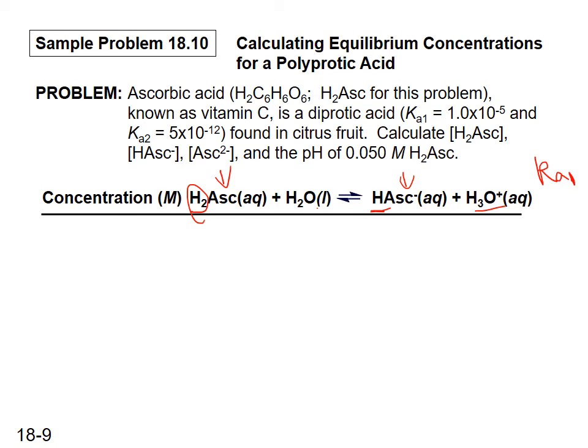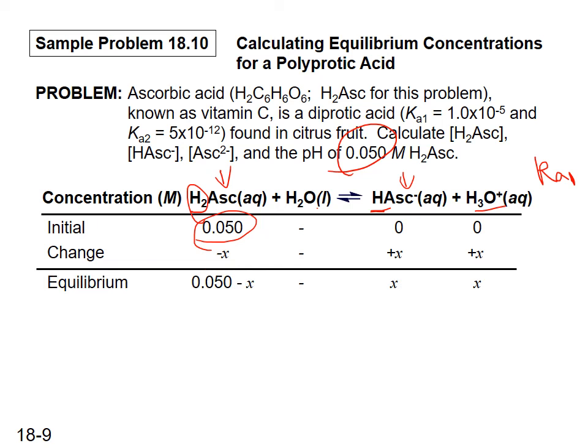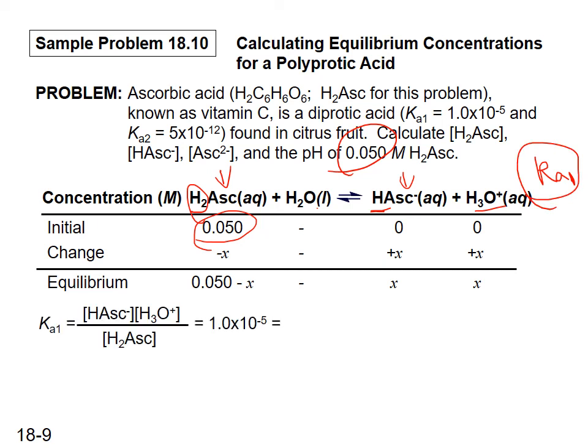As usual, we write initial, which is 0.05 for the acid given, and change and equilibrium. Now to solve x, we use the equation of Ka1. Ka1 is product divided by reactant, and the product is x times x, which is x squared, and the reactant is 0.05 minus x.